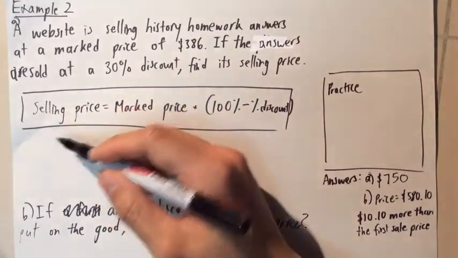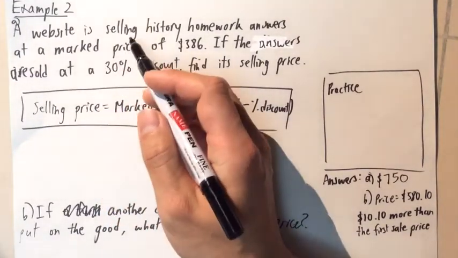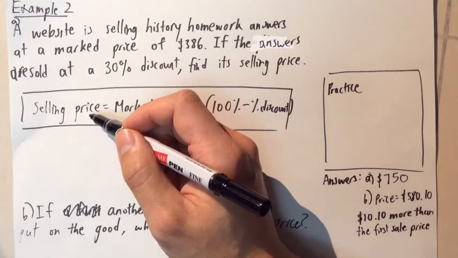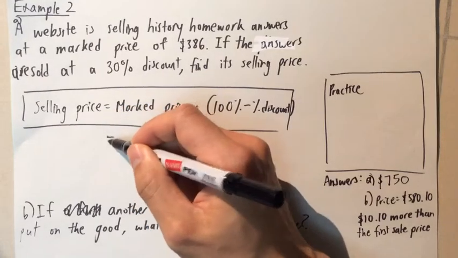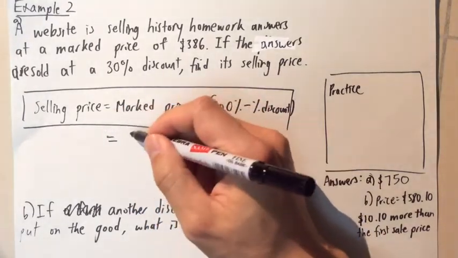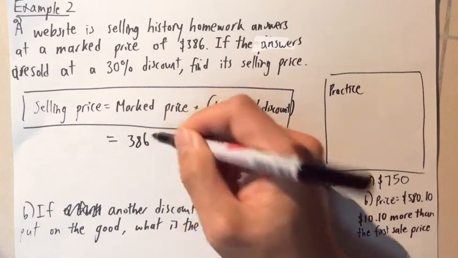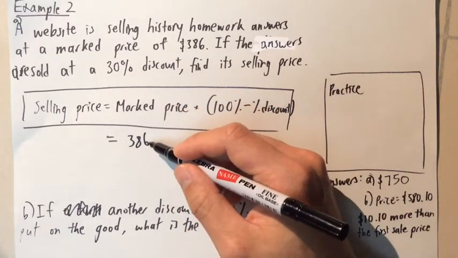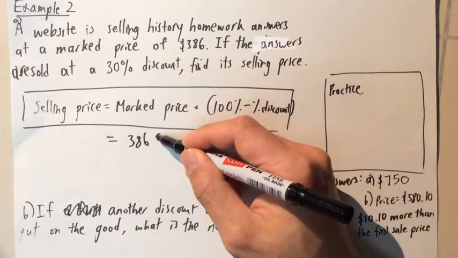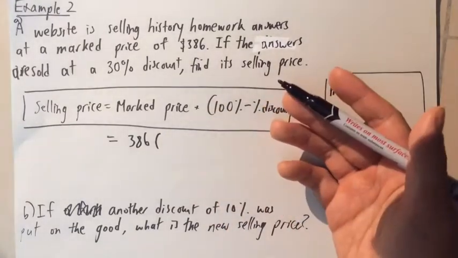So the selling price is what we're trying to find out, rather. We know the marked price is $386, and we multiply that by 100 minus the percentage discount.